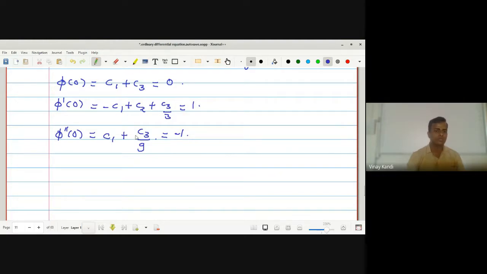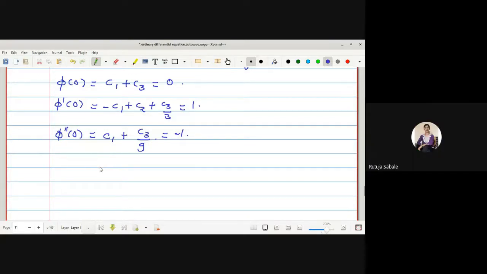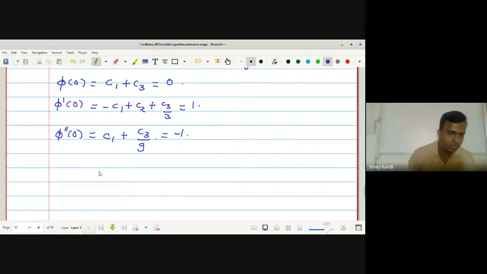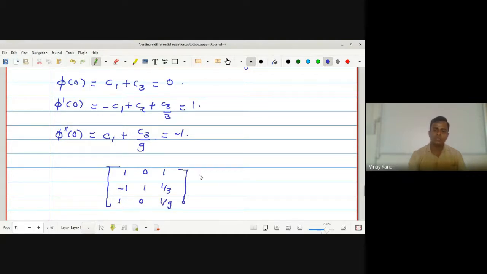ओके, मॅट्रिक्स फॉर्म मध्ये लिहिल्यानंतर 1 0 1, -1 1 1/3, 1 0 1/9, c1 c2 c3 which is equal to 0 1 -1.